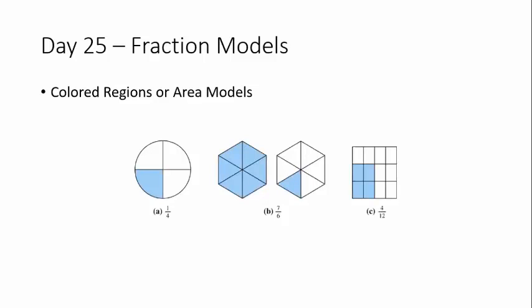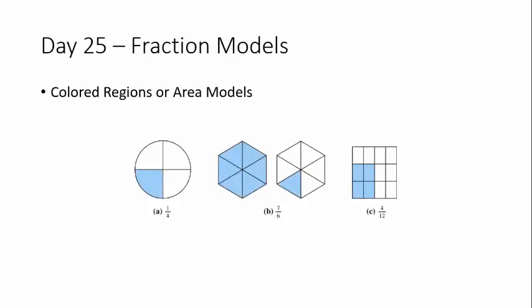The first one is the area model. In this model, we typically color regions. Notice in each of these examples that the unit is given, and then colored portions are displayed there. So in the one on the left, you've got this circle. The circle has been divided into 4 parts.